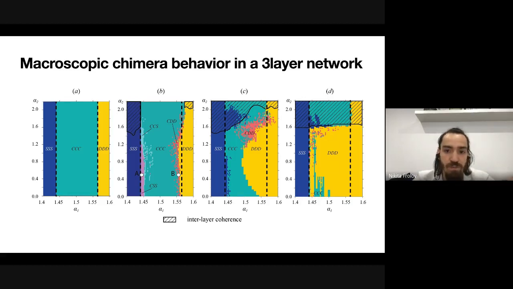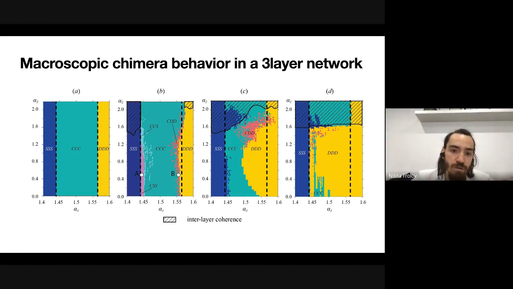Completely desynchronized behavior intersects the area of completely chimera behavior, and close to the boundary between the transition, we can see the macroscopic chimera behavior, when one of the layers switches to another type of behavior with respect to the other ones. The same situation is observed at the boundary between synchronized and chimera transitions.